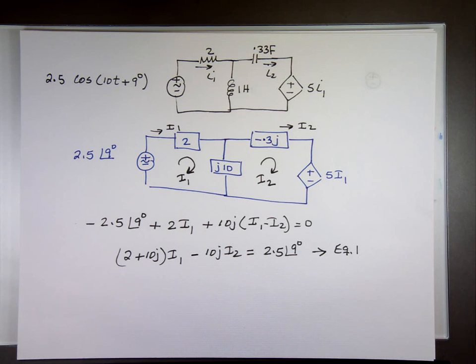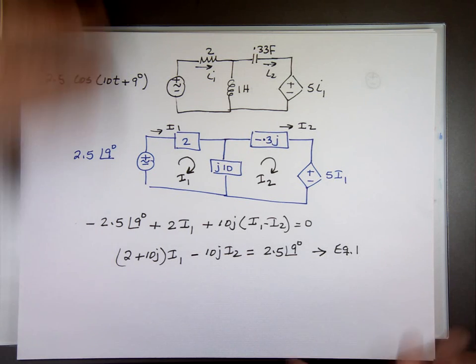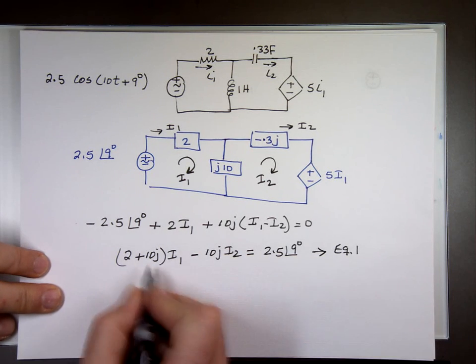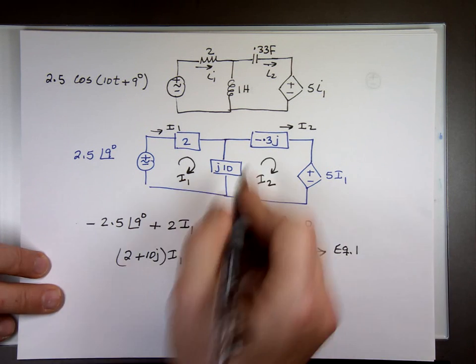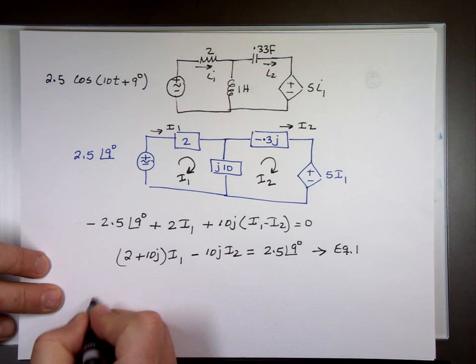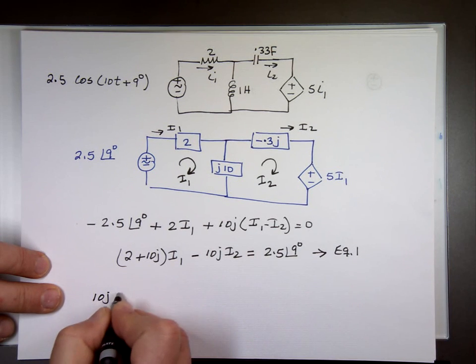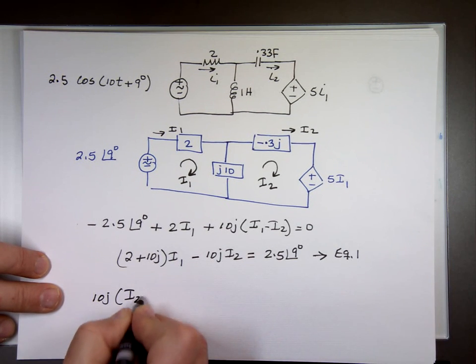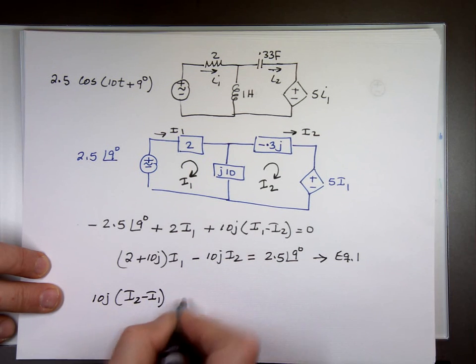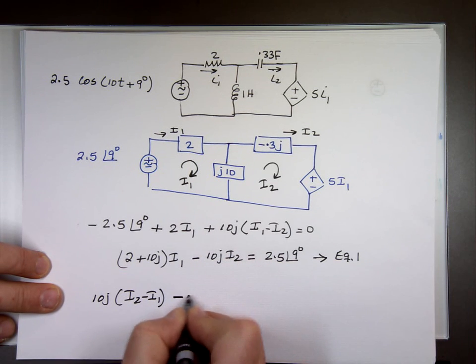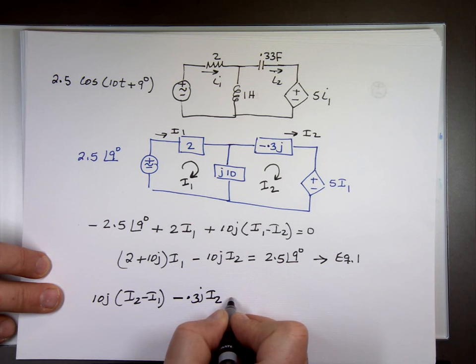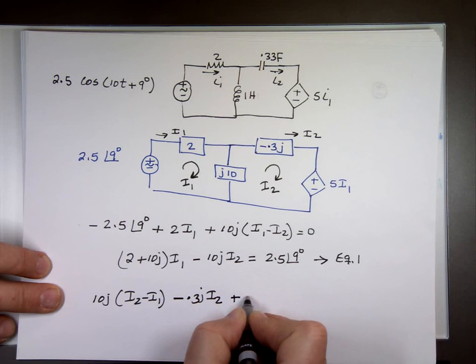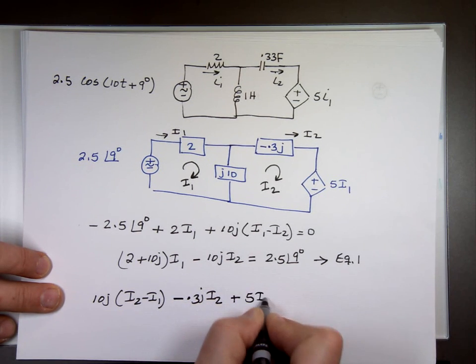Is the recording good? Now, let's look actually at this side. Do KVL on that side. On that side, we have the 10J times what? I sub 2 minus I sub 1 minus 0.3J I sub 2 plus 5 I sub 1 is equal to 0.